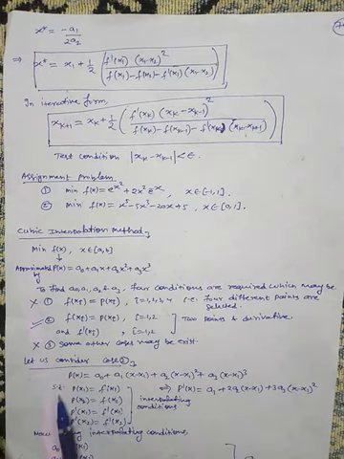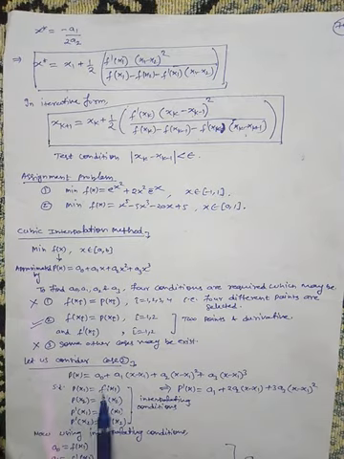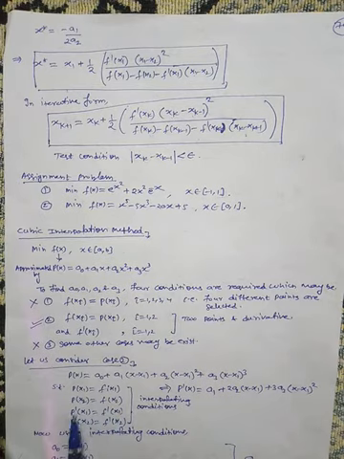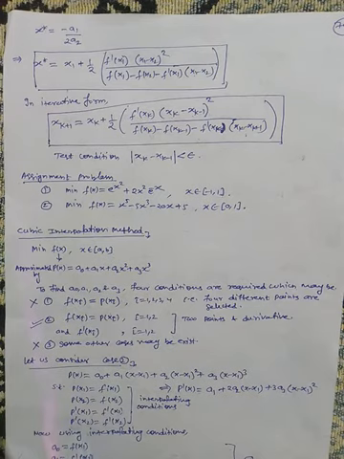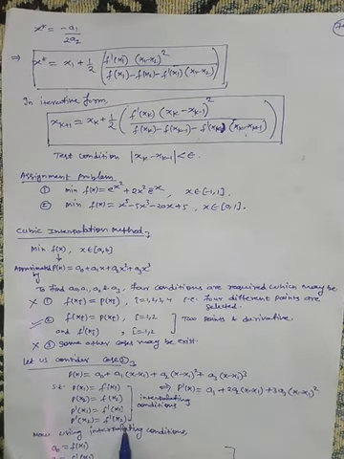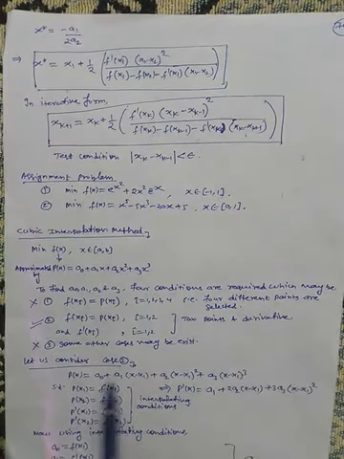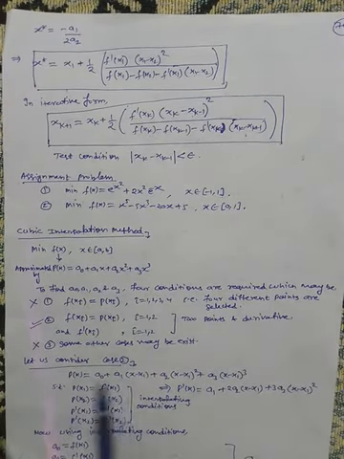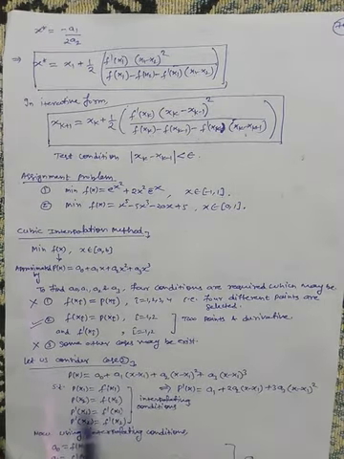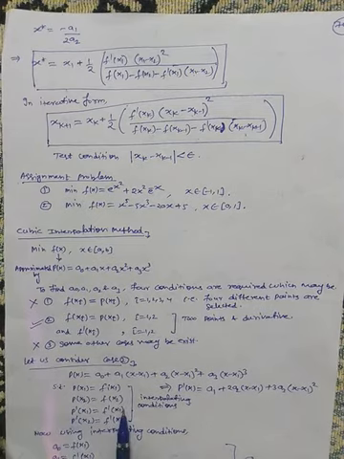So p of x1 is equal to f of x1, p of x2 is equal to f of x2, p dash x1 is equal to f dash x1, and p dash x2 is equal to f dash x2. So these are 4 conditions: 2 are simple conditions and 2 are the derivative conditions.